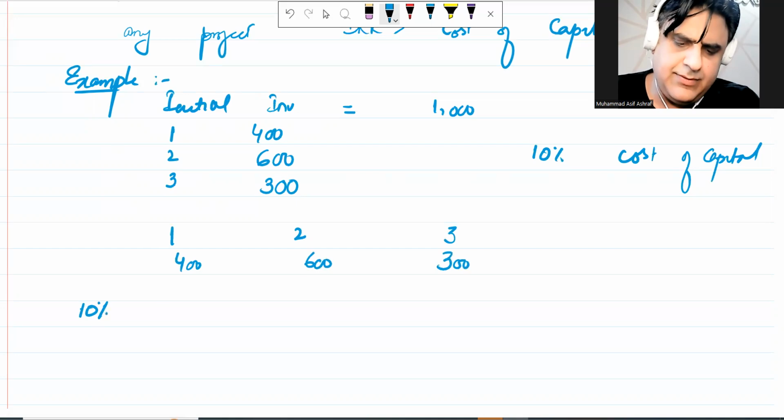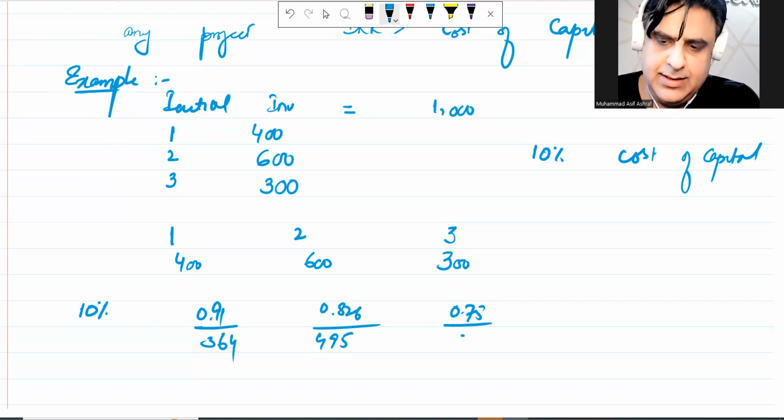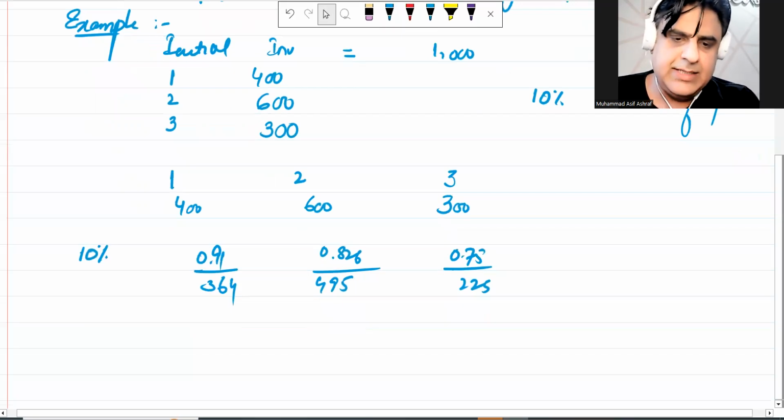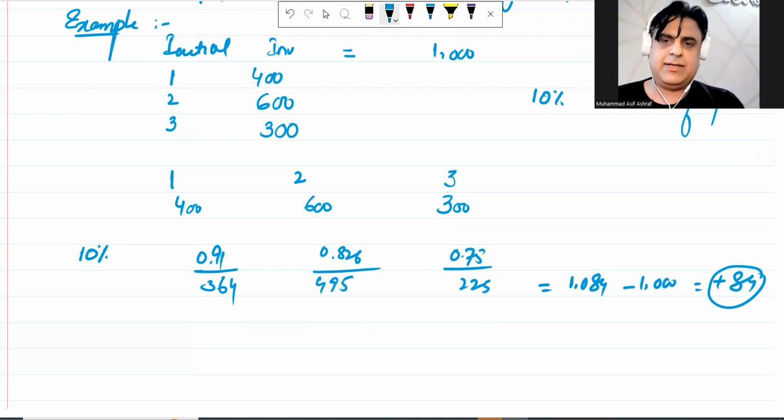Use the discount rate given to you, which is 0.91, 0.826, 0.75. If I multiply, 400 into 0.91 is 364, 600 into 0.826 is 495, and 225. The total is 1084, and the investment was 1,000. So we have a positive value of 84 at 10%.